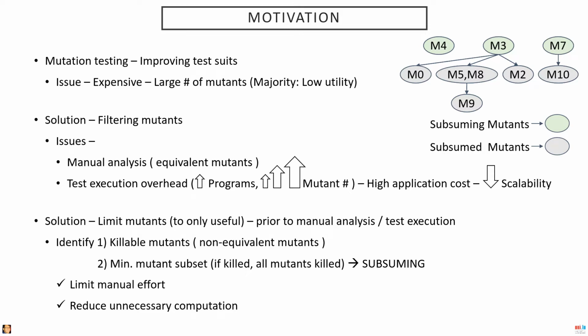Designing test cases to kill subsuming mutants will kill all the remaining mutants. By statically selecting subsuming mutants, we limit the manual effort and reduce unnecessary computations.